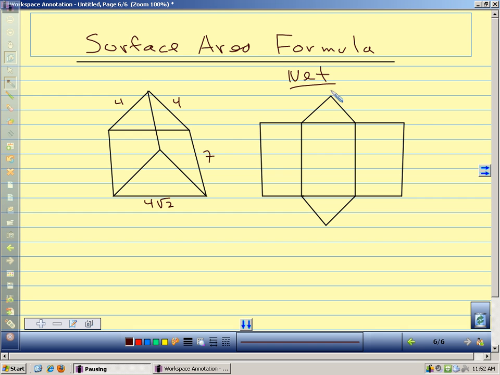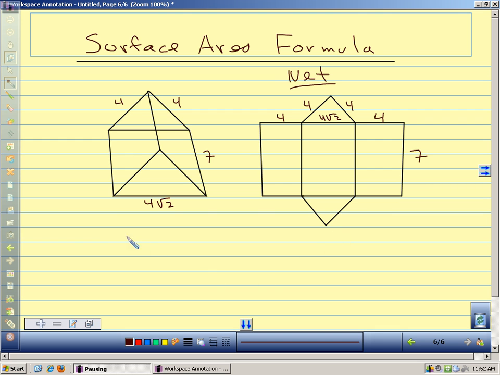Let's label the sides, the lengths of the net based on our drawing here. Our triangle is 4, 4, this is 4 square root 2. This has to be 4 to match up here. This has to be 4 to match up there. And this side is 7. And it would be the same on the bottom here.